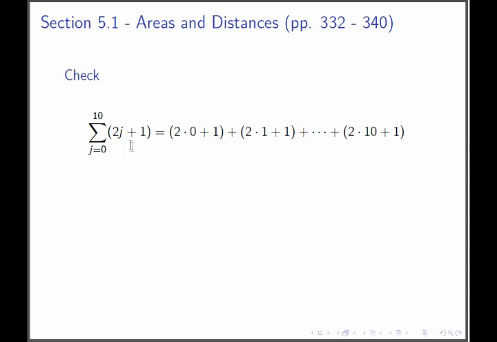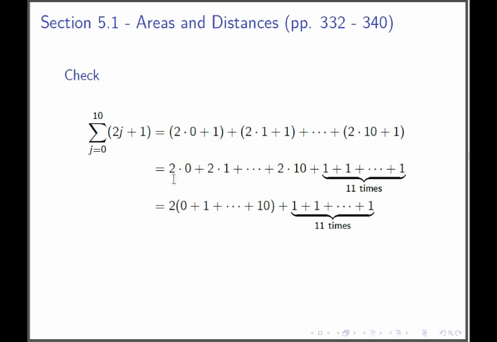Well, if we just rewrite this in traditional notation, then regroup all the terms that have 2's and all these 1's, group those together, then we see that we can pull out this 2 from all these terms from 0 up to 10, and then rewrite the expression inside the parentheses as sigma notation.